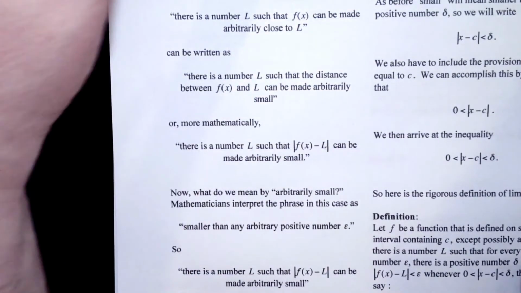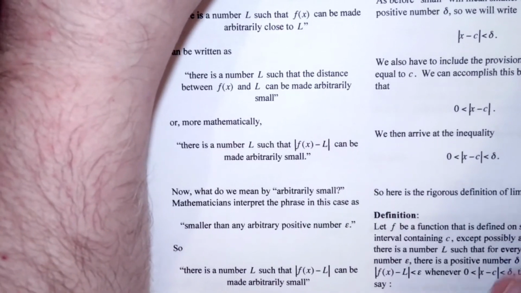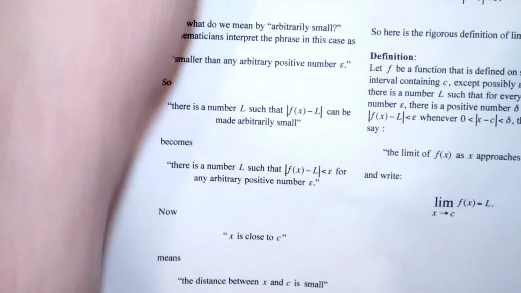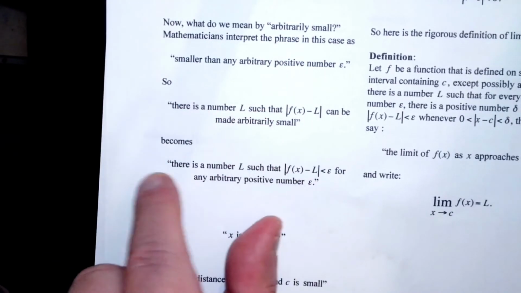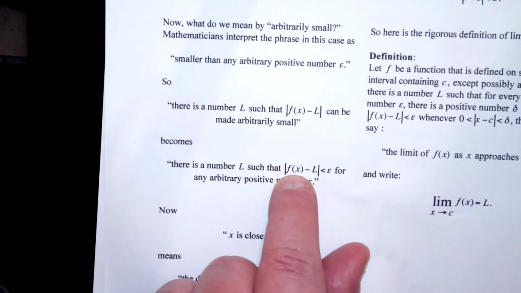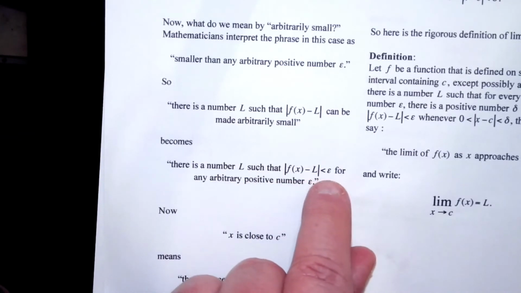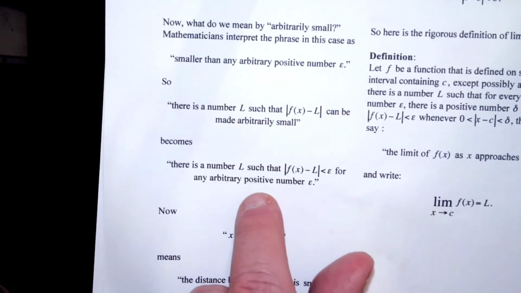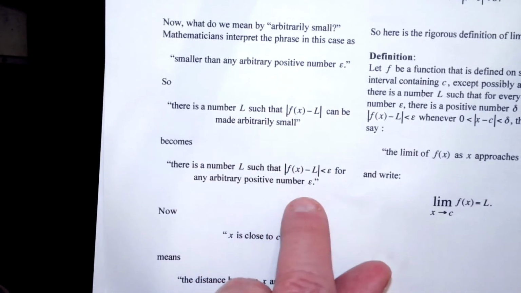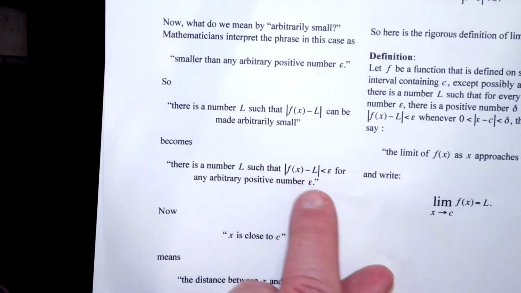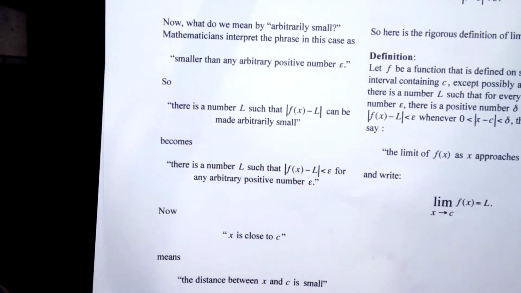So that phrase that we've been talking about is now going to be, there is a number L such that the absolute value of f of x minus L is less than epsilon for any arbitrary positive number epsilon. So f of x and L can be made arbitrarily close together.